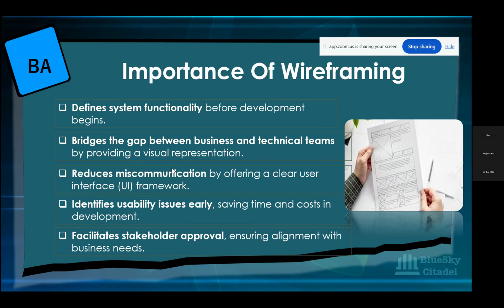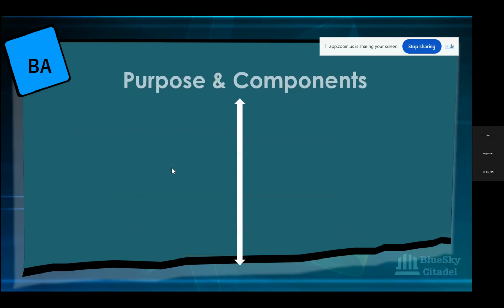And using that checklist, they won't be able to approve any other user stories if it doesn't come with a wireframe. So basically, that's one of the key benefits of having a wireframe, so that you get stakeholder approval. You know that they're not going to be going back and forth. They've seen it, they like it, they've approved it. It's on to development and testing.